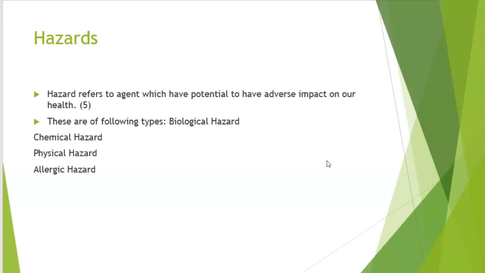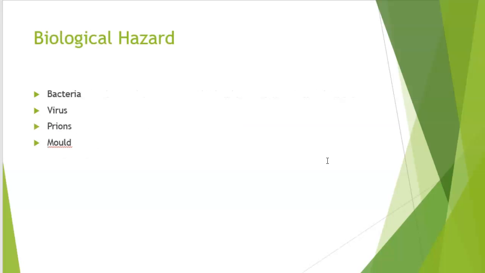I talked earlier about hazards. Hazards are agents which have a bad impact on our health. They are of the following types: physical, chemical, allergens, and biological too.